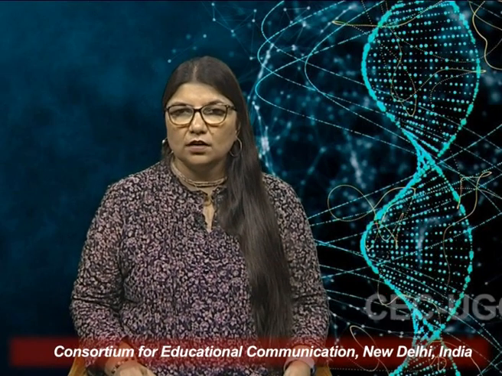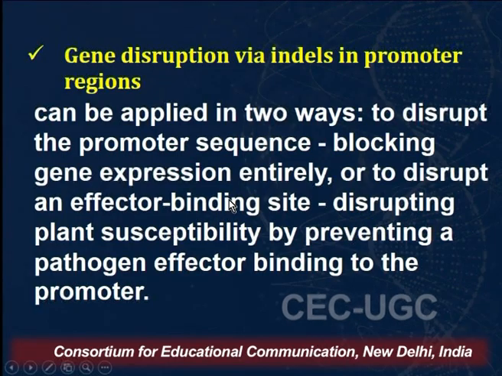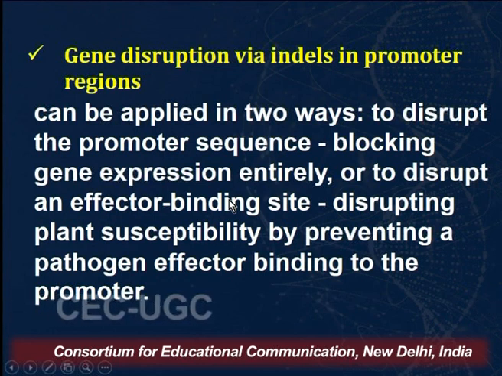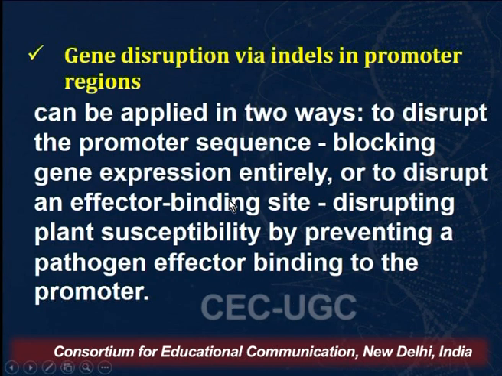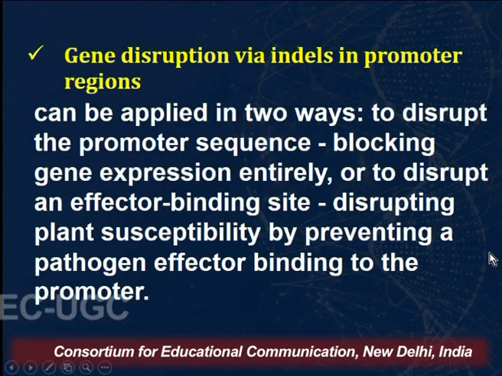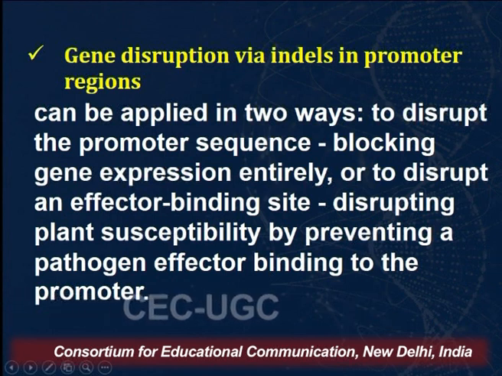The next mechanism by which it can cause resistance to diseases is gene disruption via indels in the promoter regions. This can be applied in two ways: to disrupt the promoter sequence, blocking the gene expression entirely, or to disrupt an effector binding site, disrupting the plant susceptibility by preventing a pathogen effector from binding to the promoter.